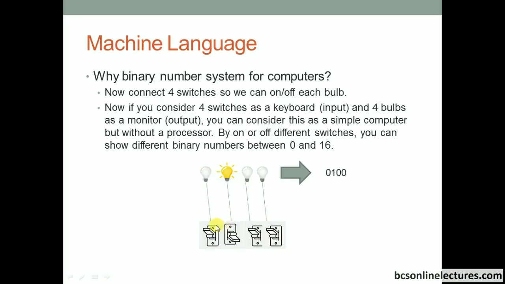If the particular switch is off, current is disconnected and is not present on this side of the switch. Actually, this is what happens inside processors. This is what happens inside computers.